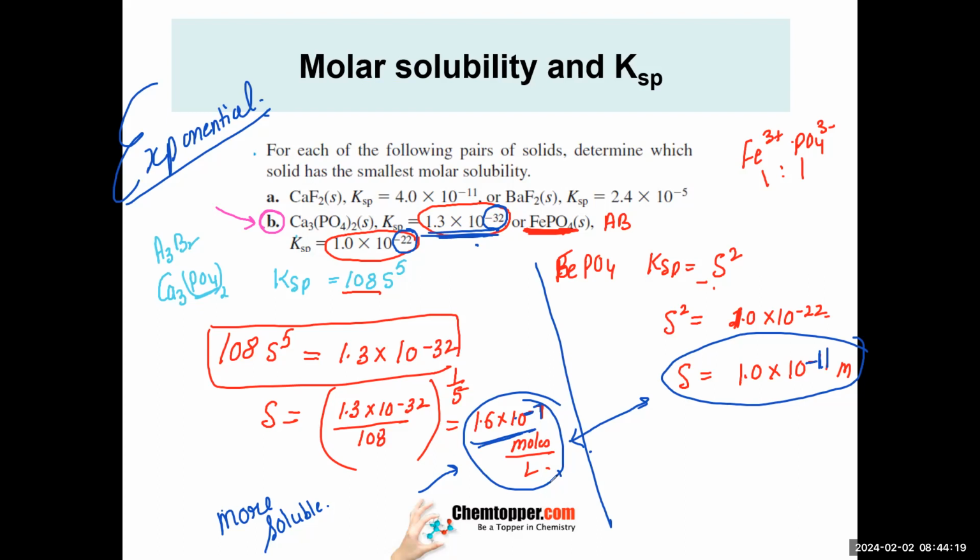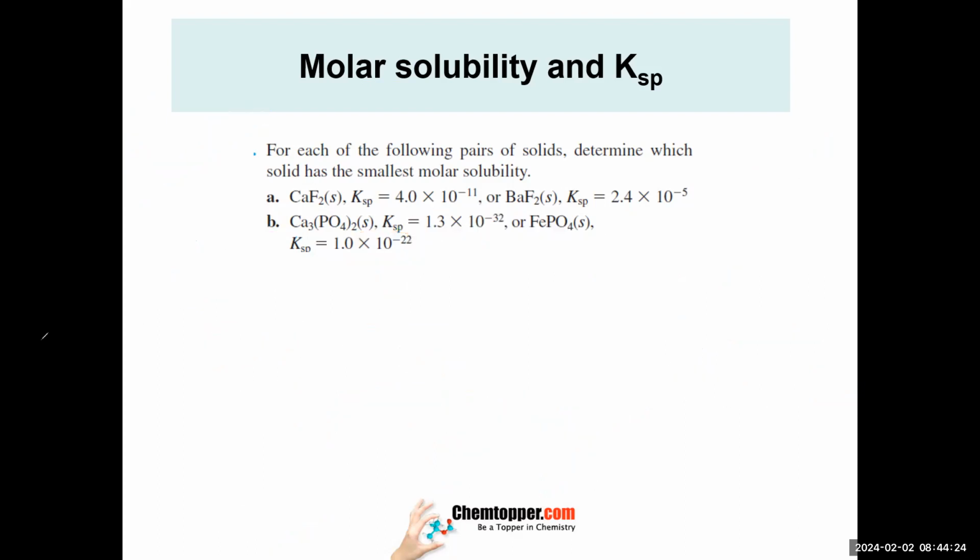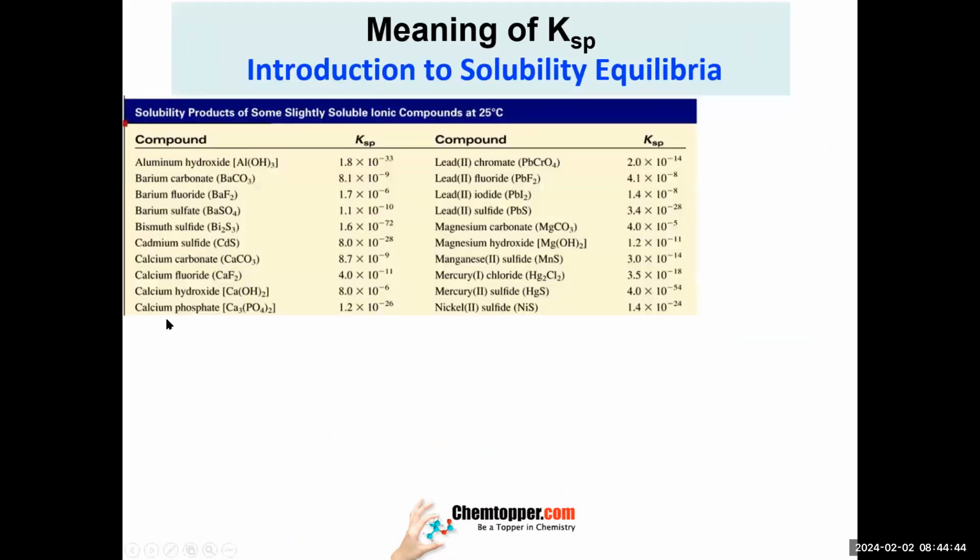Okay, good. So this is how we have to compare the solubility. If their Ksp expressions are different, calculate S. If Ksp expressions are the same, then just compare Ksp. For example, let's compare the solubility of these two salts on the table.